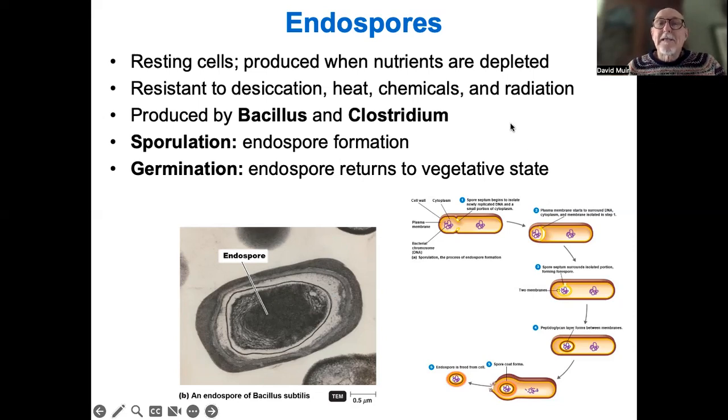However, the bacterial spore is produced under very particular circumstances, and also it has some really strange properties, which make life very difficult for human beings at times. What I mean by that is, these are resting cells. They're produced especially when nutrients become depleted, and when a bacterial population begins to come under stress.